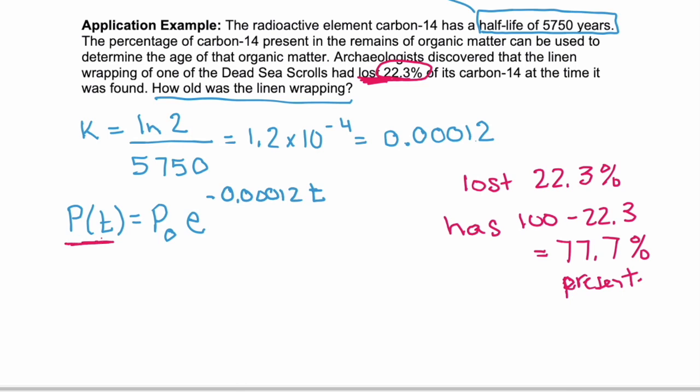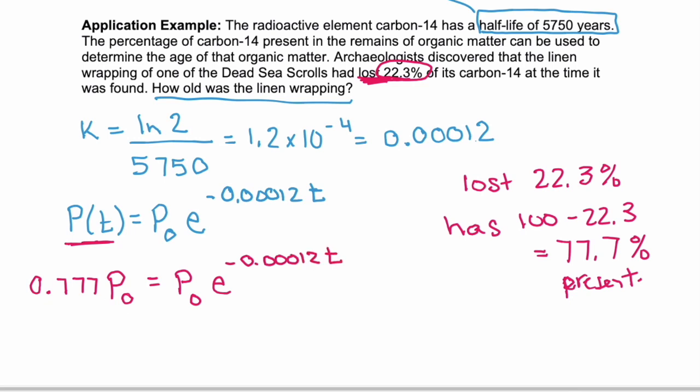Well, P of t is how much is left. And we know that 0.777 of the initial amount. This is 77.7% of the initial amount. That's what's left. Is equal to the initial amount, e to our exponent.